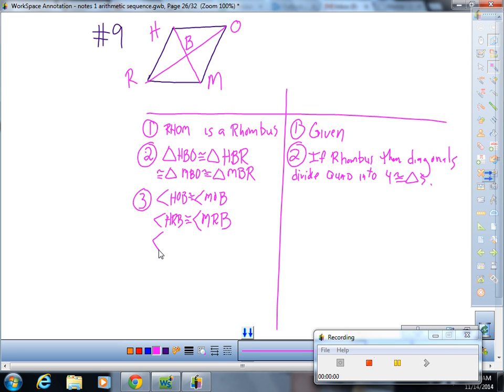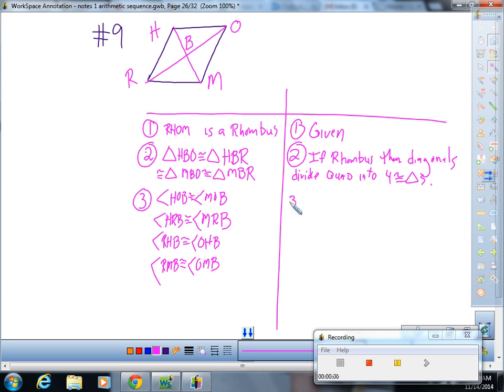I can say that angle RHB is congruent to angle OHB. And I can say that angle RMB is congruent to angle OMB.